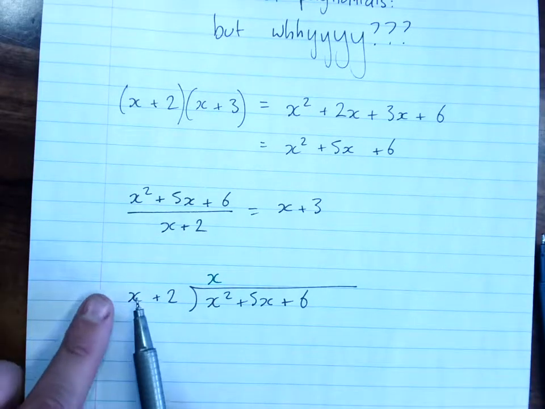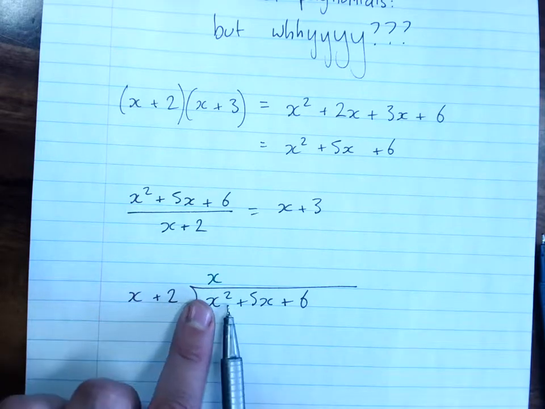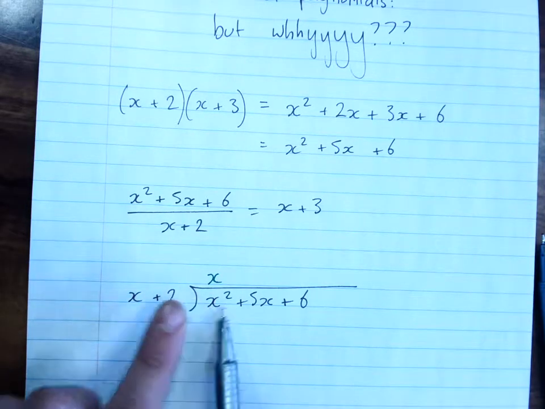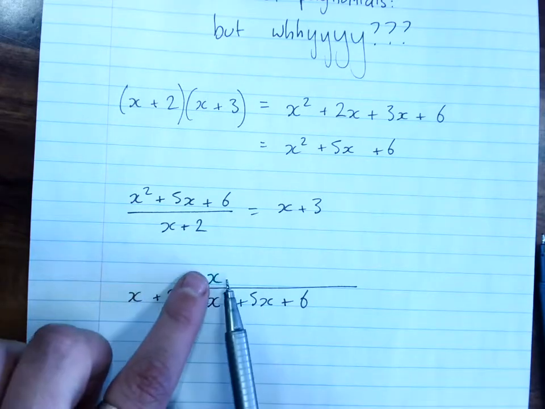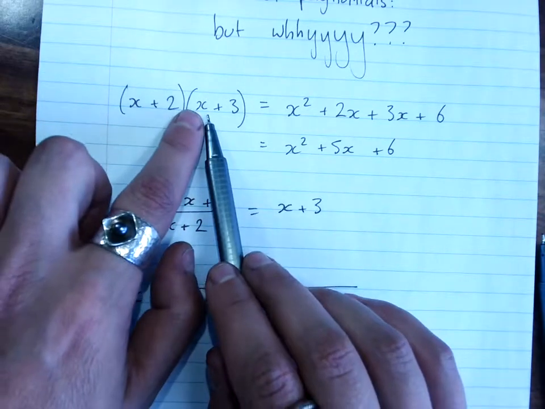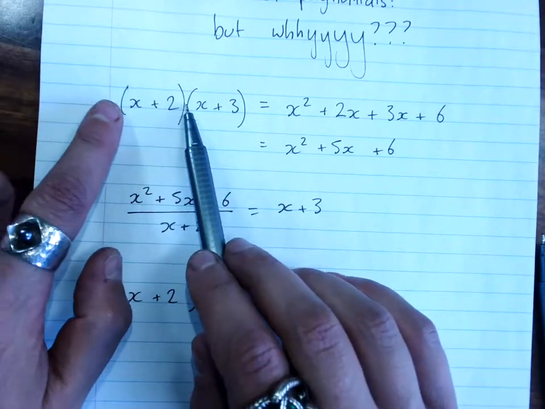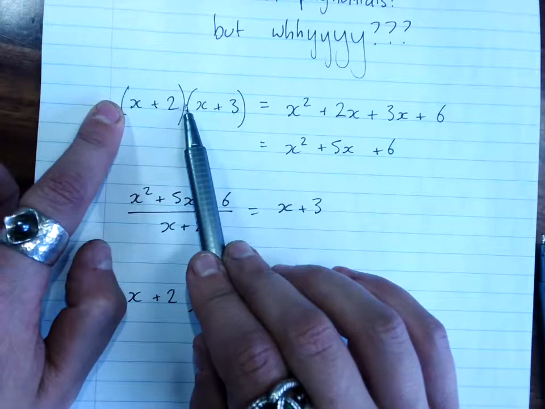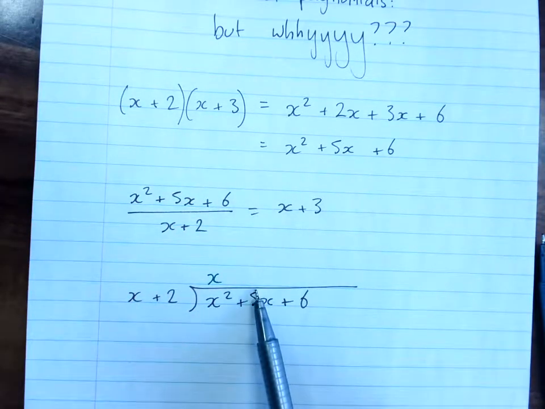So, once we've got the fact that our x multiplied by an x to give us x squared, we can then say, let's multiply that back, because I know that this x must have been multiplied by everything in that first bracket to give me a part of this 5x.